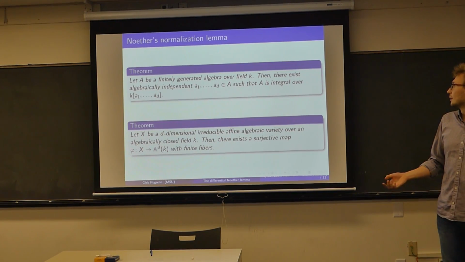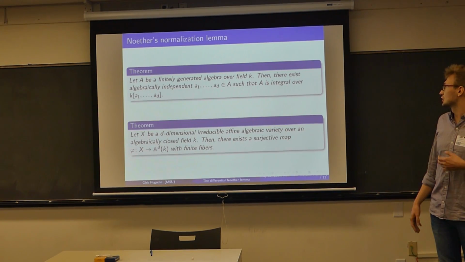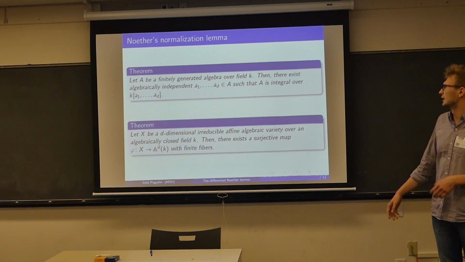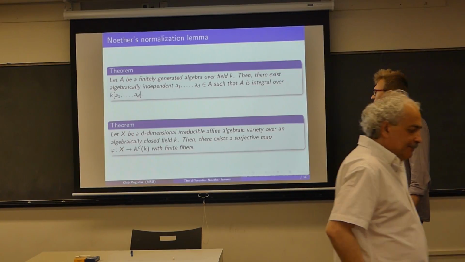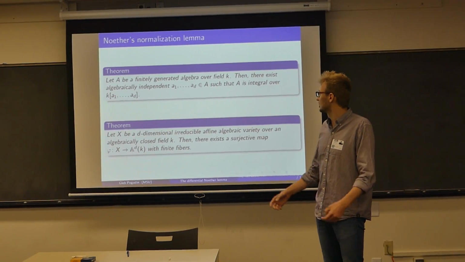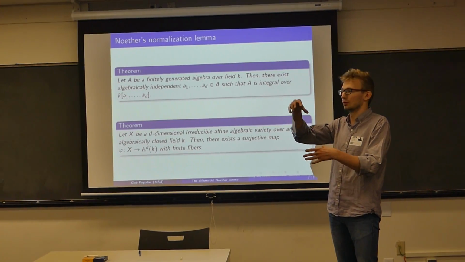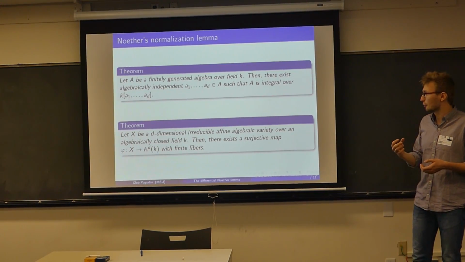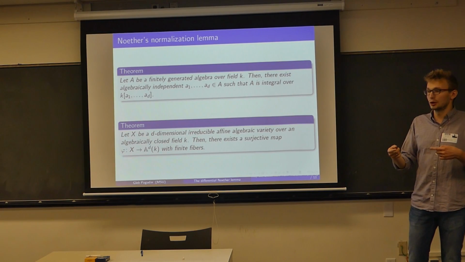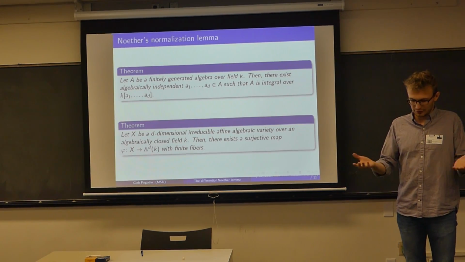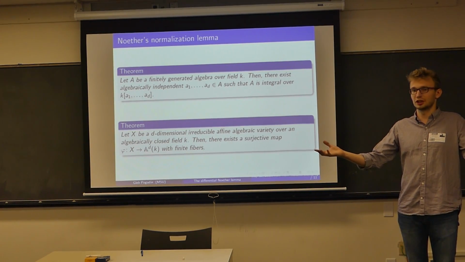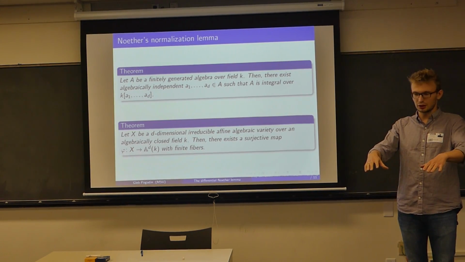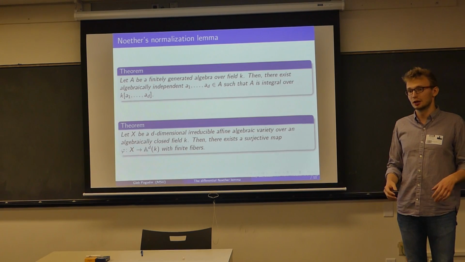Algebraic means that in any finitely generated algebra A, you can find algebraically independent elements such that A is integral over the algebra generated by them. From the geometric point of view, it means that if you have an irreducible algebraic variety, you can map it surjectively onto affine space with finite fibers.